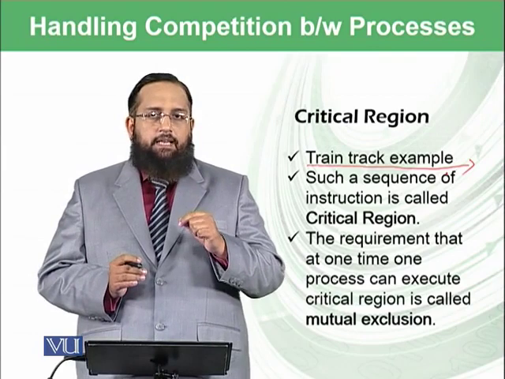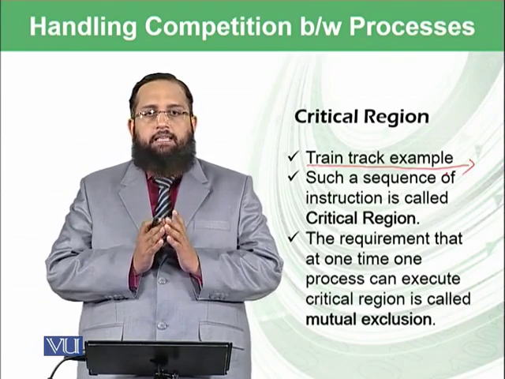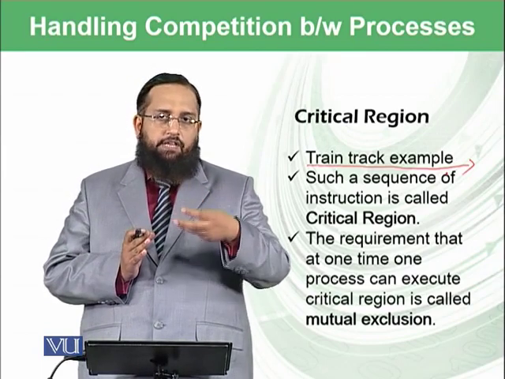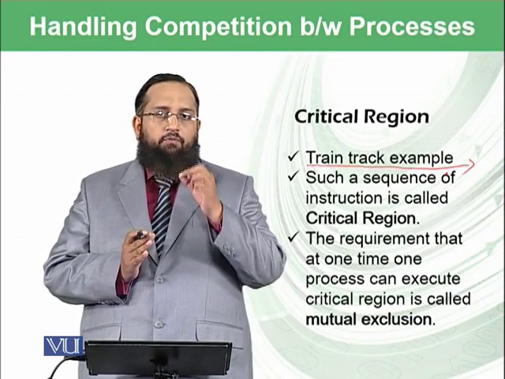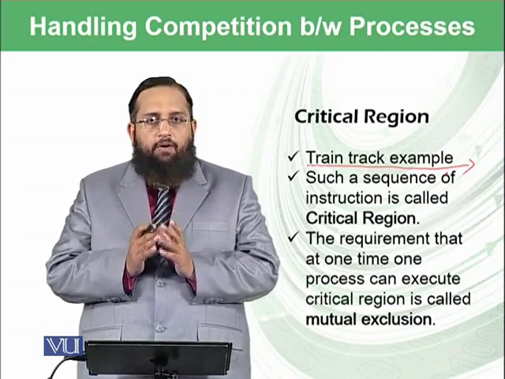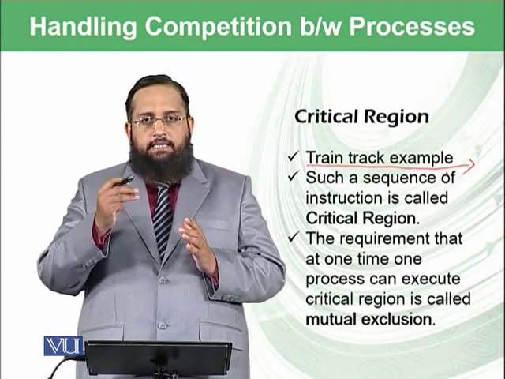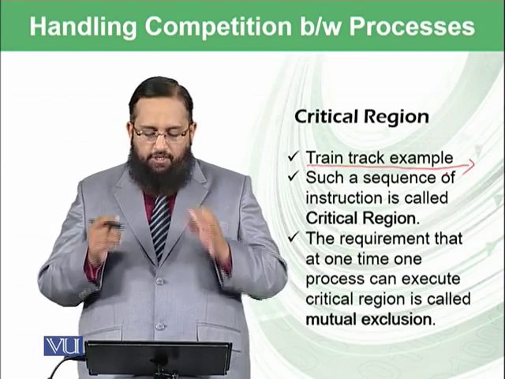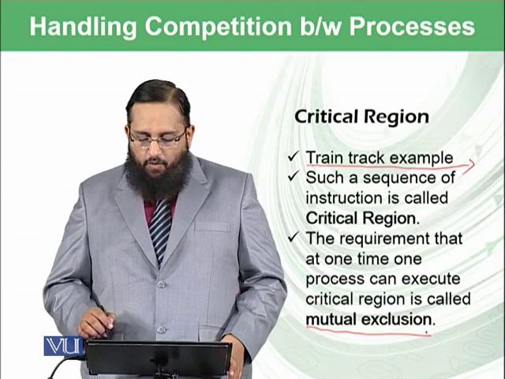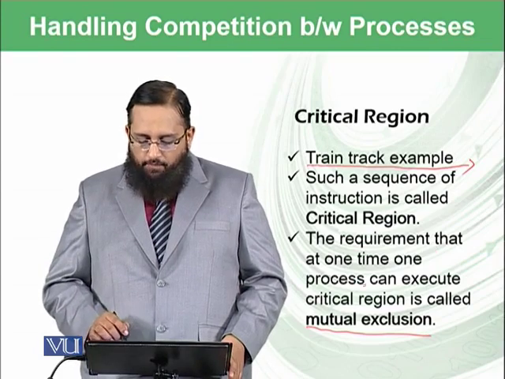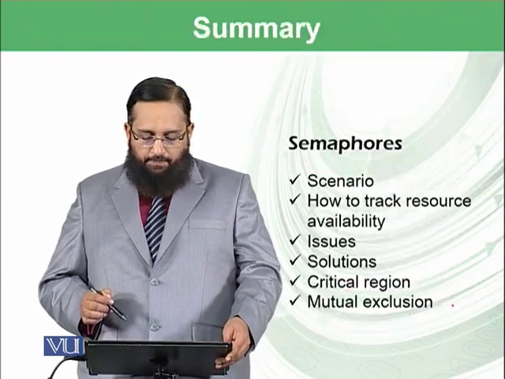This means that when process A is executing these 3 instructions, it is in a critical region. And we can say that at one time, only one process can execute this critical region. Such a terminology is known as mutual exclusion. The requirement that at one time, one process can execute the critical region is called mutual exclusion.